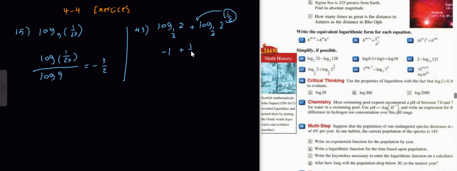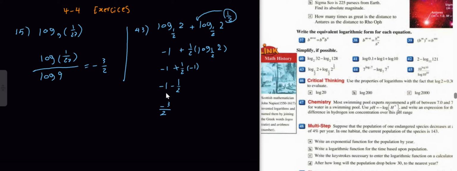It will be 1 over 2 log 1 over 2 and 2. Again, the same process. That one will be negative 1. It means negative 1 plus 1 over 2 multiplied by negative 1. Negative 1 multiplied by 1 over 2, which is positive, it will be negative 1 minus 1 over 2. So it will be negative 3 over 2.